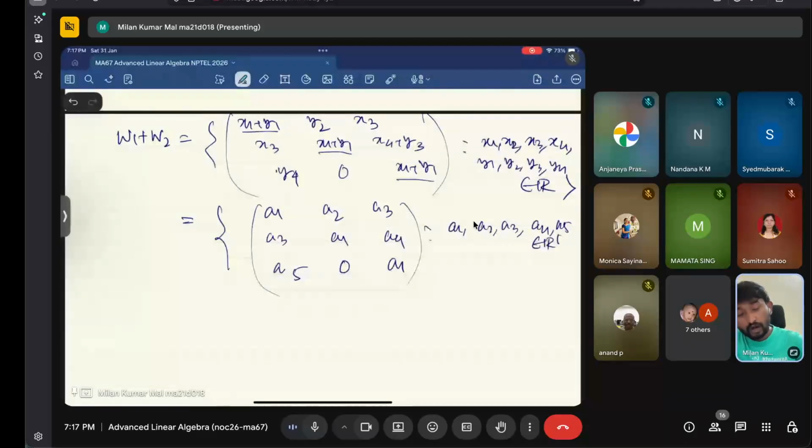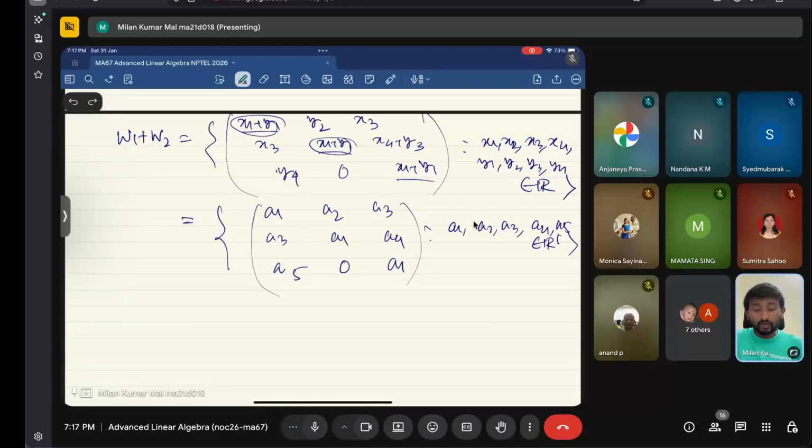If you have any doubt why you can write this way, I will try to explain. x1 and y1 you can choose freely. That doesn't matter. But the diagonal terms of the matrix have to be the same. So that's why I have replaced them by a1, a1, a1.